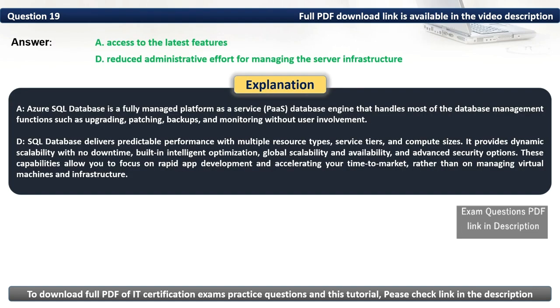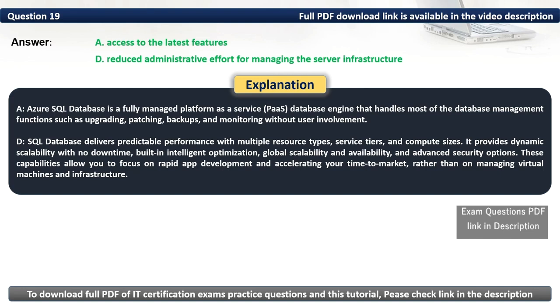About the options, A. Azure SQL database is a fully managed platform as a service database engine that handles most of the database management functions such as upgrading, patching, backups, and monitoring without user involvement. About D, SQL database delivers predictable performance with multiple resource types, service tiers, and compute sizes.